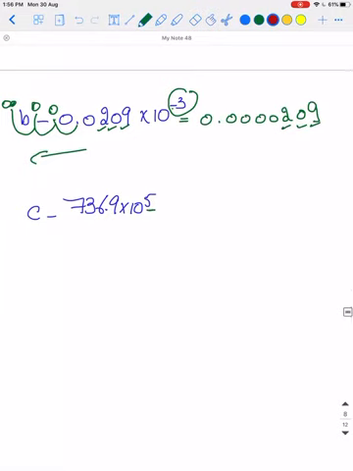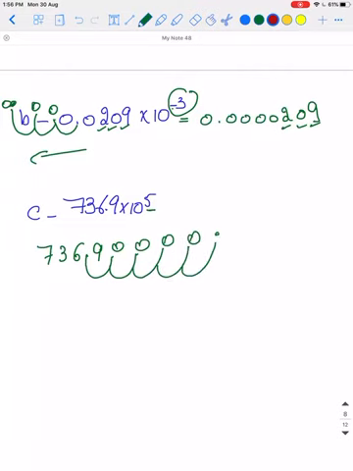Okay. The power is positive, indicating that the decimal will be displaced 5 times to the right. So 1, 2, 3, 4, and 5. So this one will have the answer 7369 and 4 zeros.